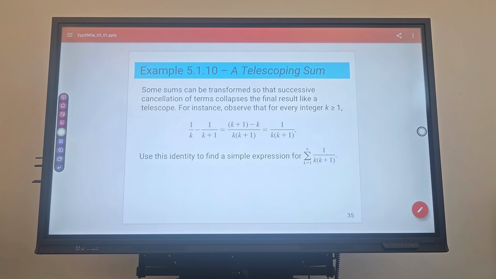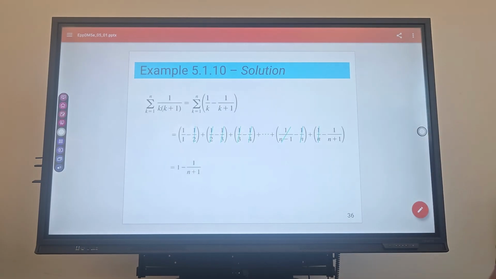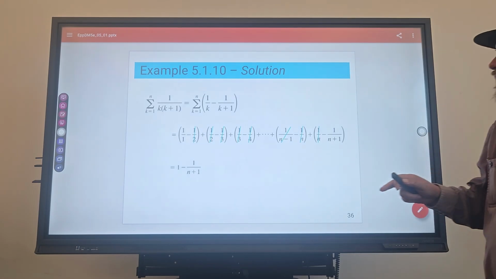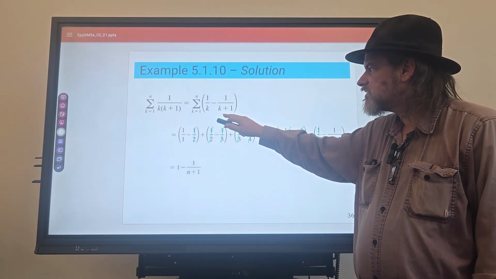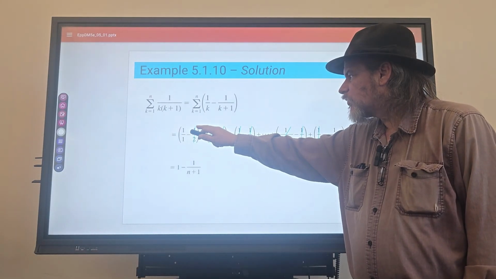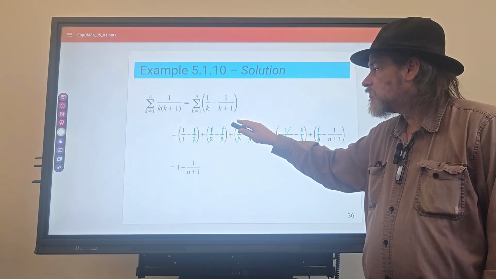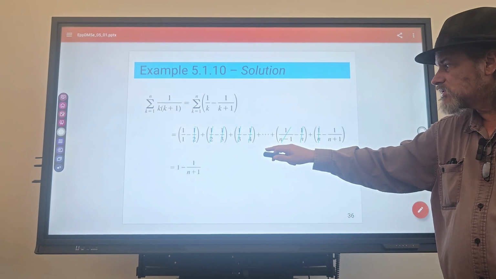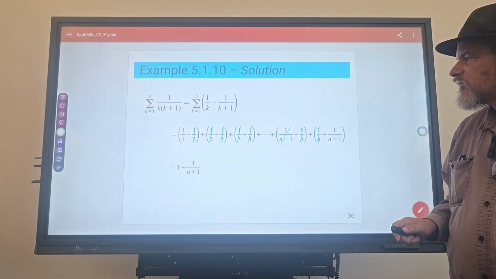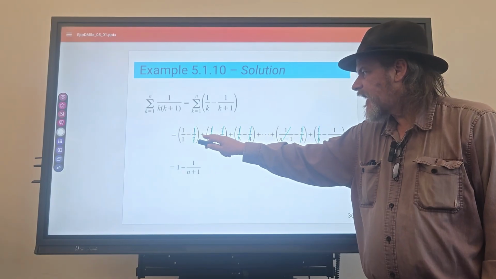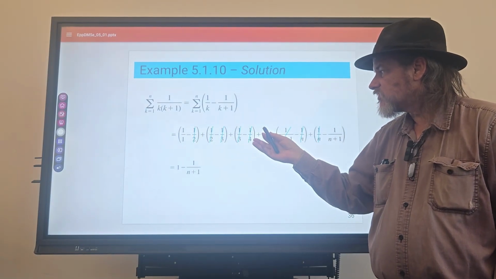Use this identity to find a simple expression for the sum of 1 over k times k plus 1. Well, you expand it out. You use the expanded version of it. You see it's 1 over 1 minus 1 over 2 plus 1 over 2 minus a third plus a third minus a quarter, etc. So the minus 1/2 plus 1/2 cancel.